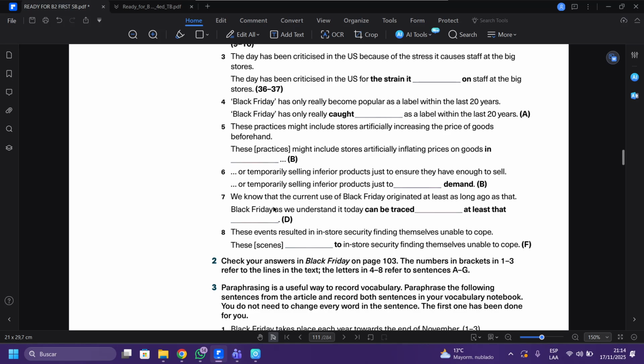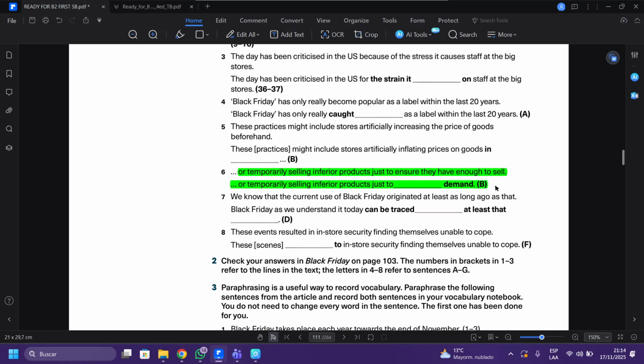In advance. Number 6. Or temporarily selling inferior products just to ensure that they have enough to sell. The next one says, or temporarily selling inferior products just to meet demand. This is a fixed expression.